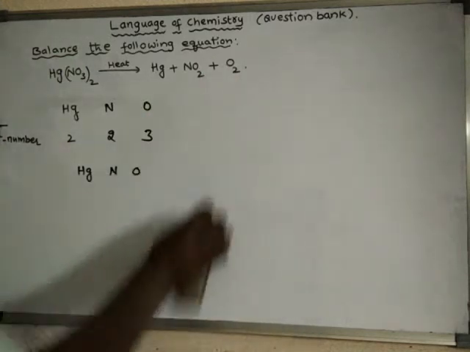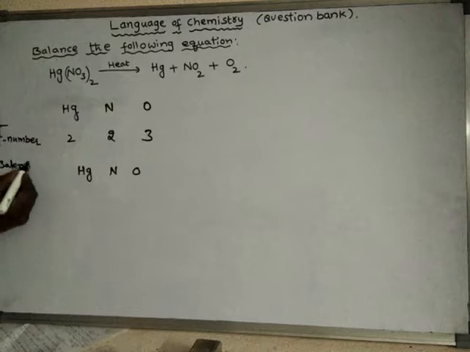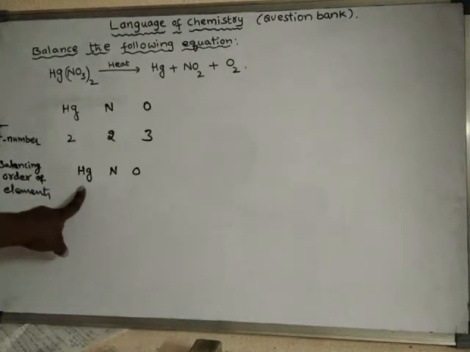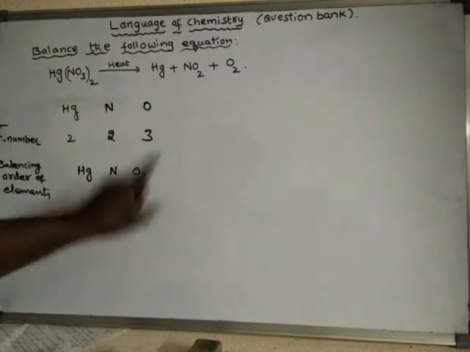Now we have arranged this, which is the balancing order of elements. That means we first balance the mercury element, after that nitrogen, and after that we balance oxygen.